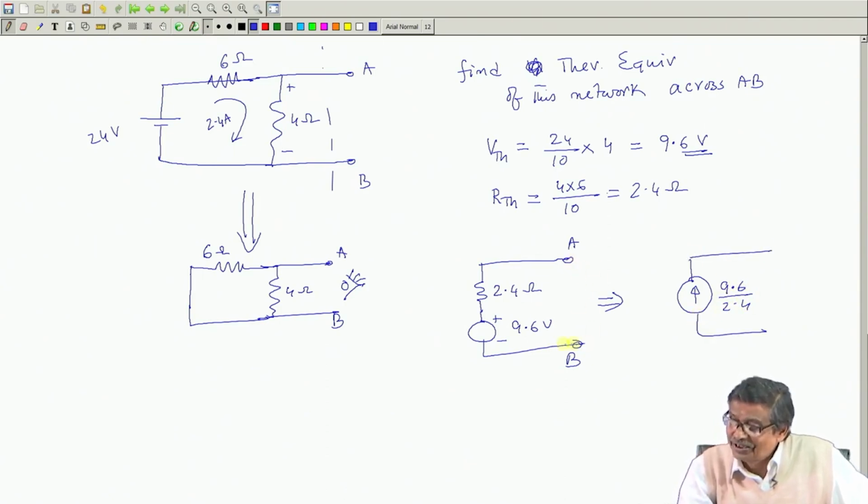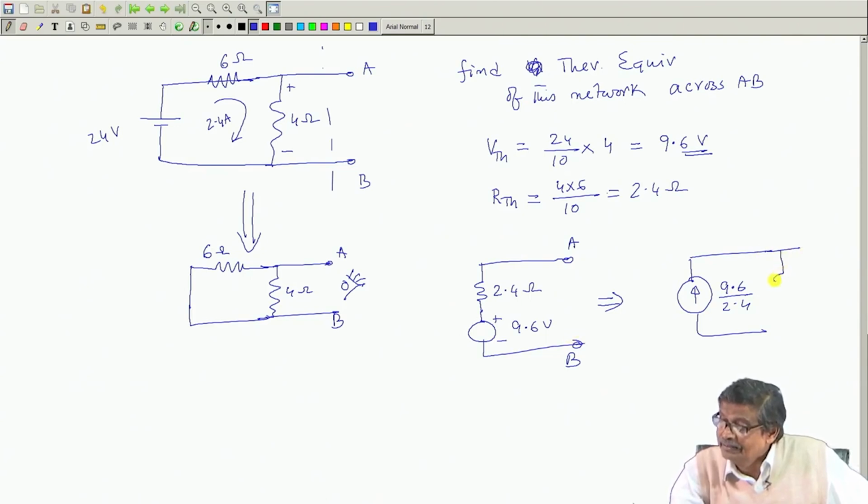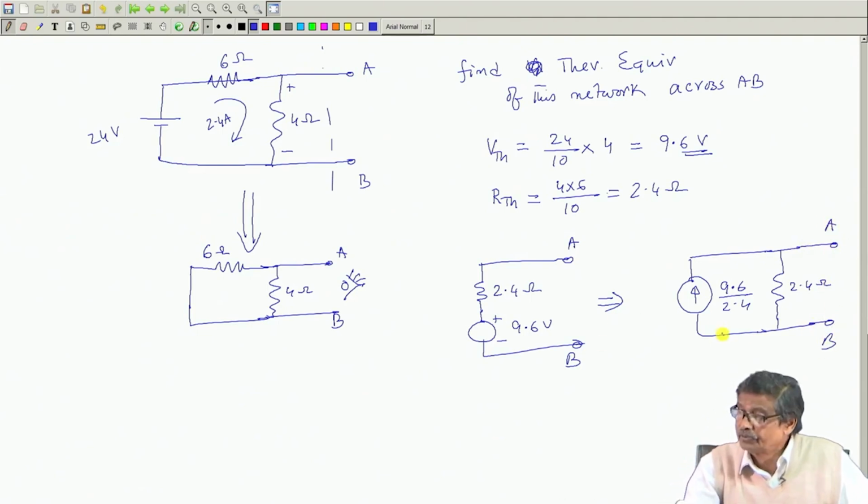So, what is the short circuit current? 9.6 by 2.4 if you short, and in parallel the same resistance. And this is your Norton's equivalent, so much ampere.